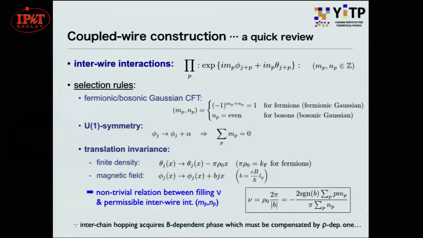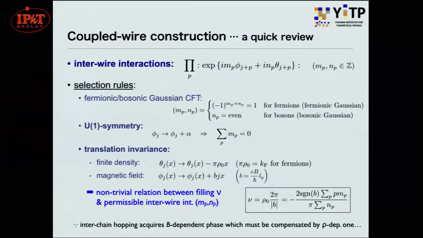For instance, m_p and n_p should have the same parity for a fermionic system, and n_p should be even for bosonic systems. The second one comes from U(1) symmetry. If you shift the phi field in this way, this is nothing but a U(1) symmetry, and requiring invariance under this symmetry, we get this selection rule. So the sum of m_p should be 0.